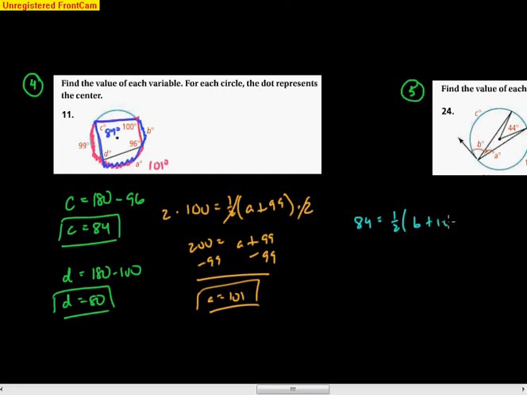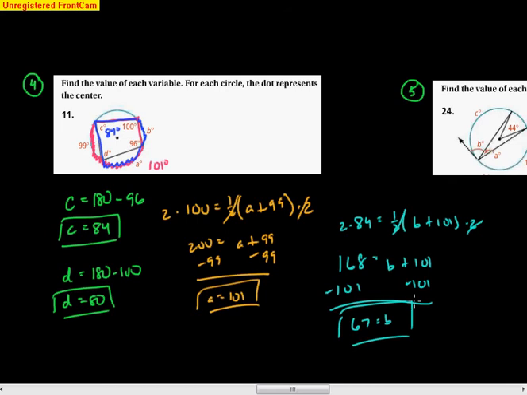B plus 101. I'm going to multiply both sides by 2. 168 equals B plus 101, and I'll subtract 101. 67 equals B. So be very careful with this problem and finding the arcs.